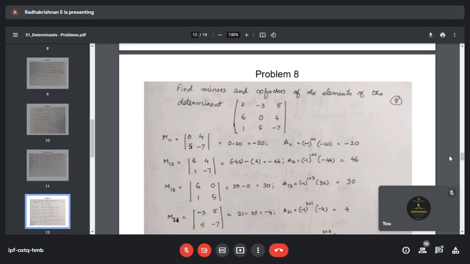So -19 is your minor. Cofactor will be, here it is 2 2 now, -1 to the power of 4, so it will be the same, -19 now.